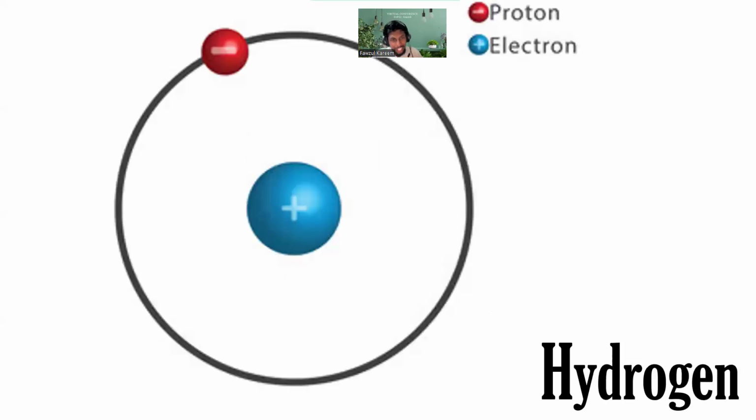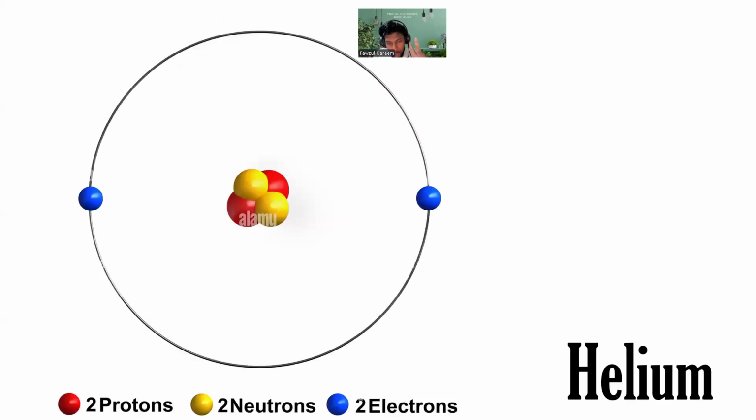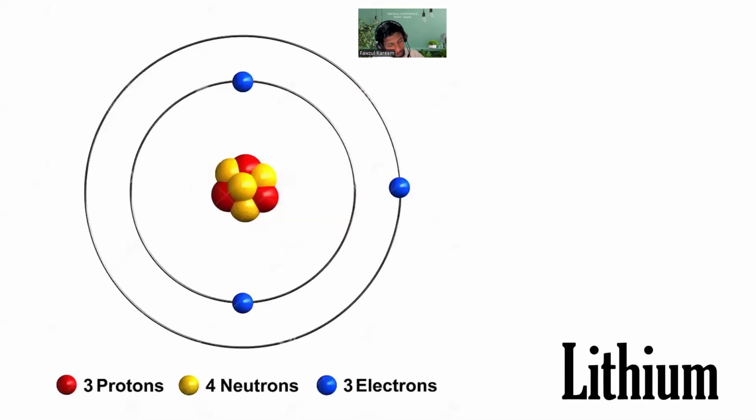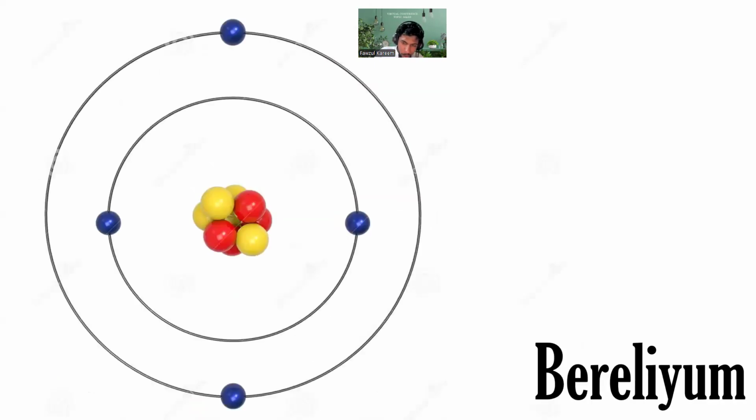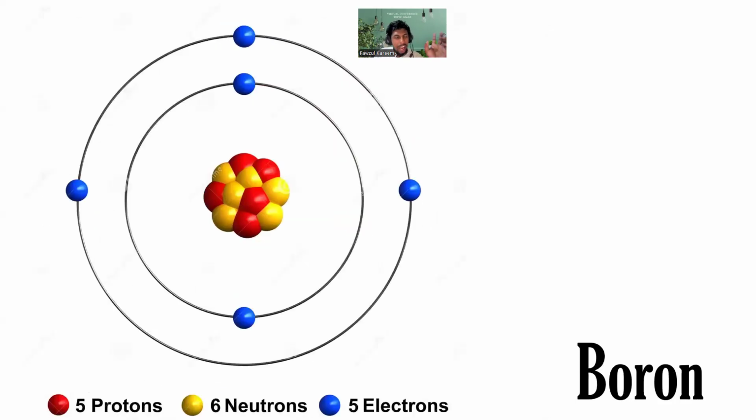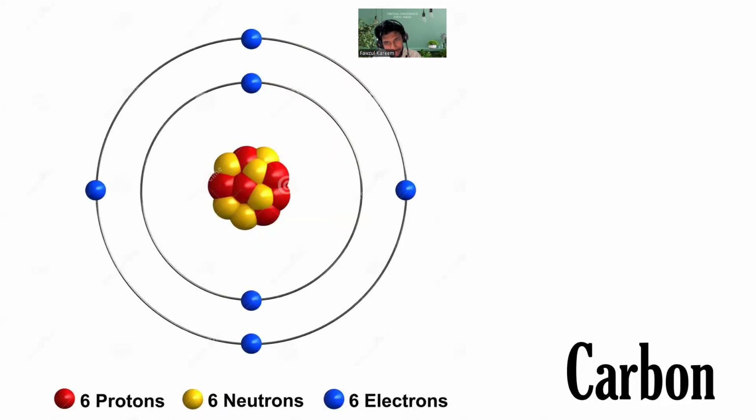Same like that. If they have one proton, I will say hydrogen. If they have 2 protons, I will say helium. If they have 3 protons, I will name lithium. If they have 4, beryllium. If they have 5, boron. If they have 6, carbon.